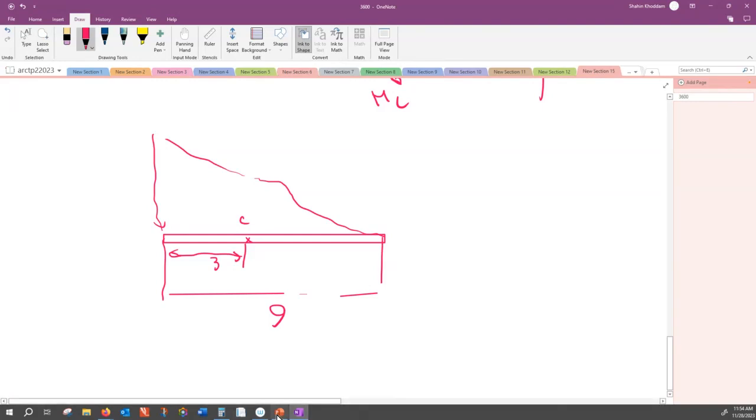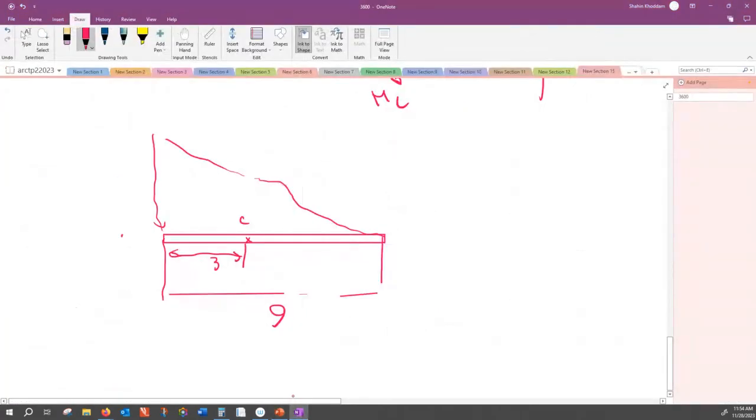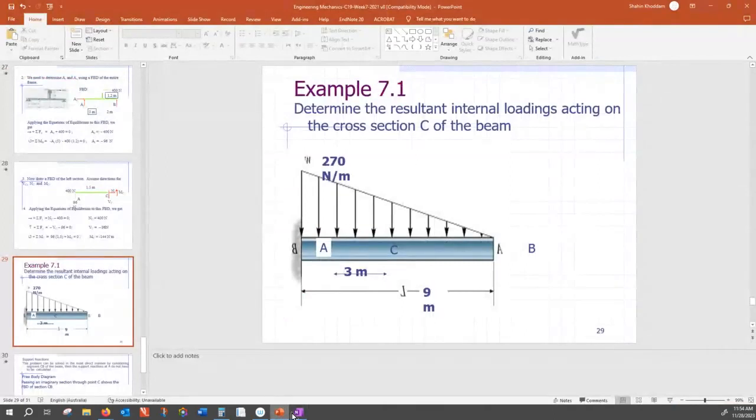And what does that triangle look like? The triangle has 270 at the beginning, 0 at the end. So this is ABC. This is point B, this is point A, and that was 270.